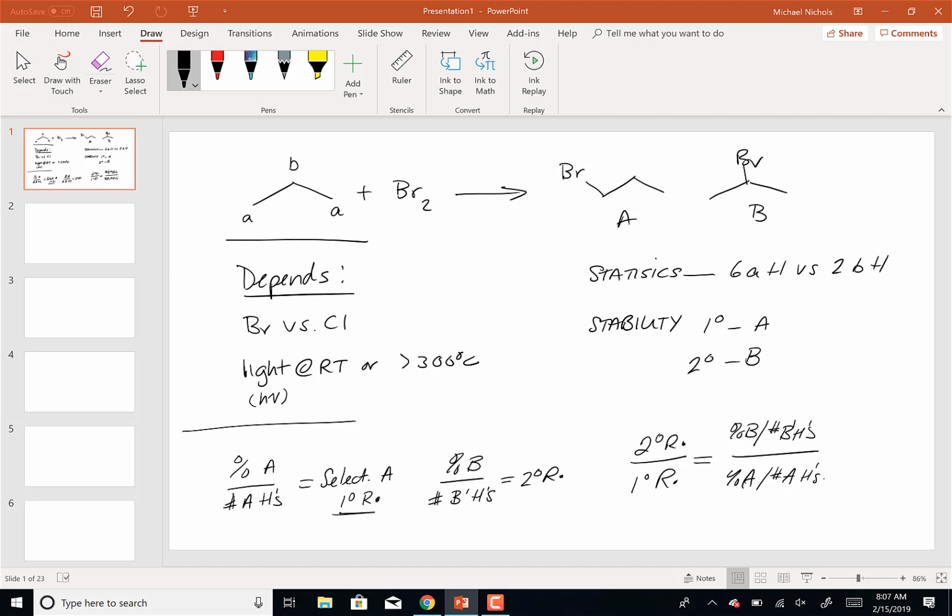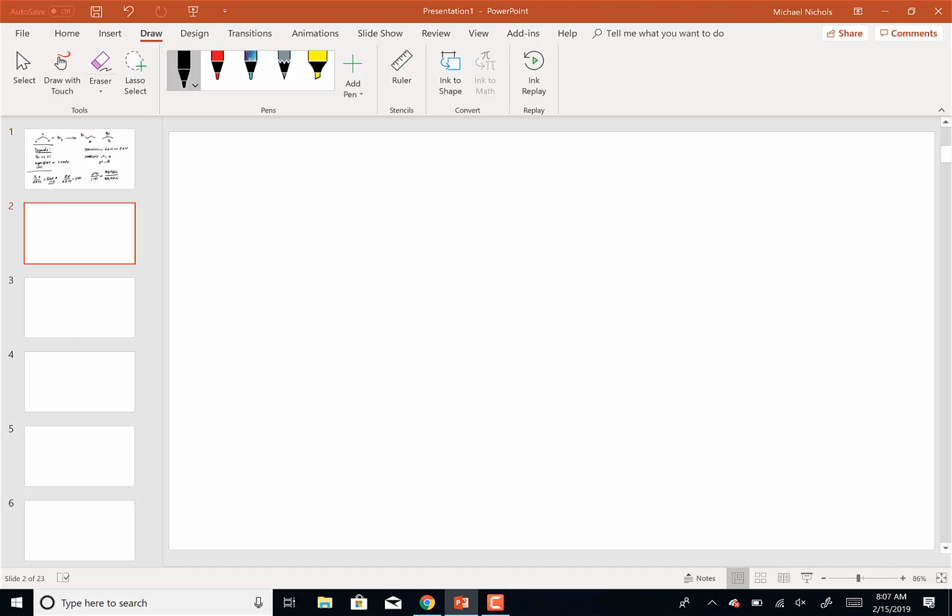Okay. And when you do that, you're going to get the following ratios. I'll always give you these. They may vary a little bit from book to book. For bromination, we form a tertiary radical.